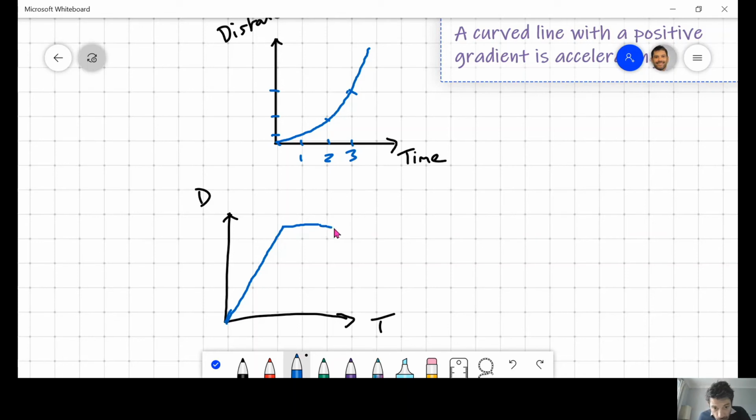And then what about, I ran out of tablet there that I'm writing on, sorry. Focus. So what we have here is the object is decelerating. At this point, I beg your pardon, accelerating.